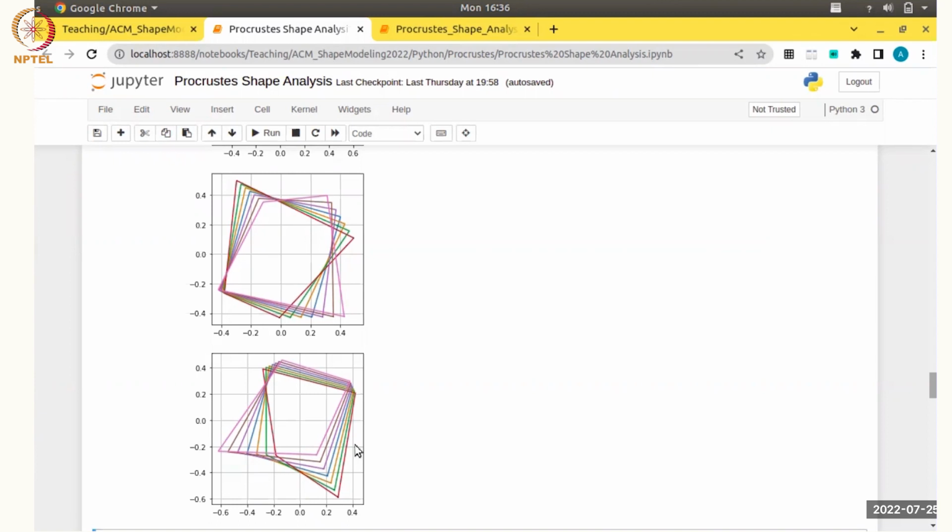Scaling. The second variance is going in the outward direction. For those corresponding corners, they varied in that direction.